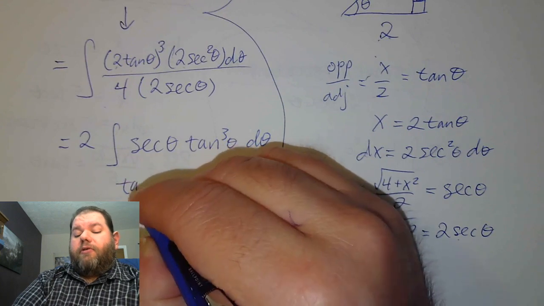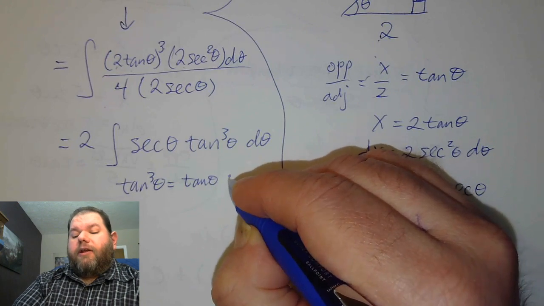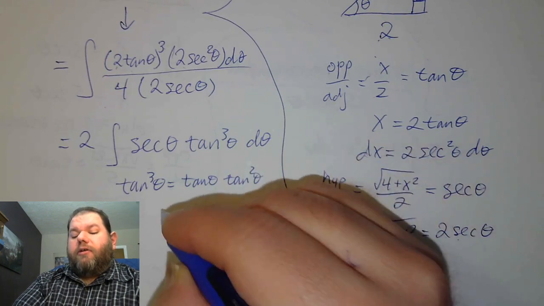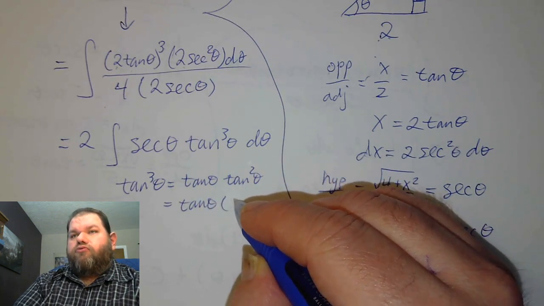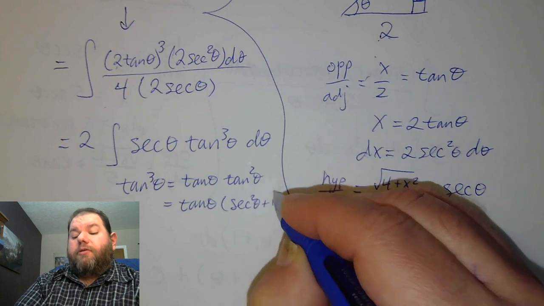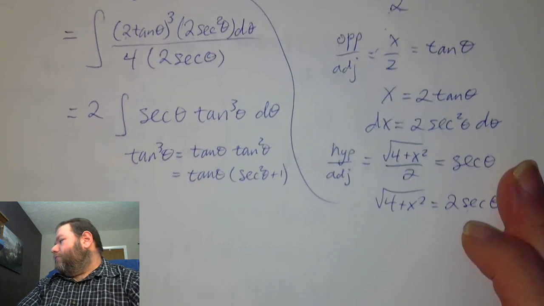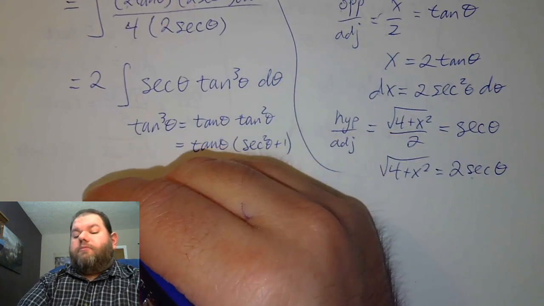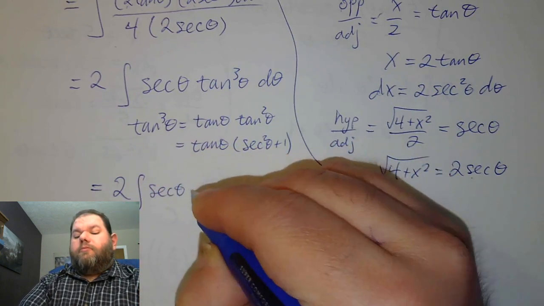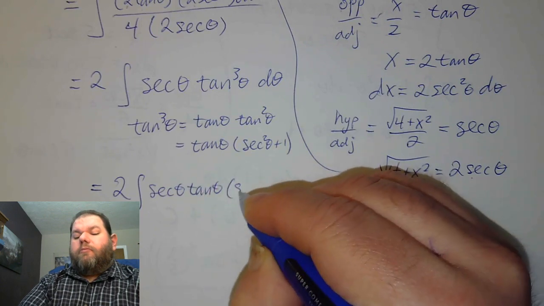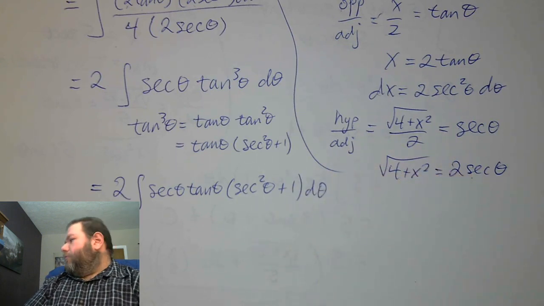So tangent cubed will split up into tangent theta times tangent squared theta, and tangent squared theta will split up into secant squared theta minus 1.